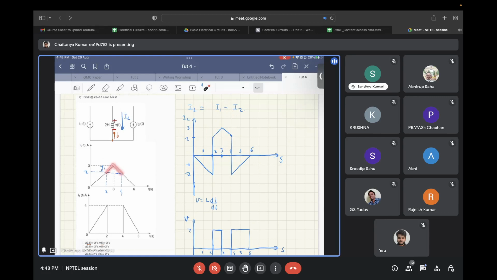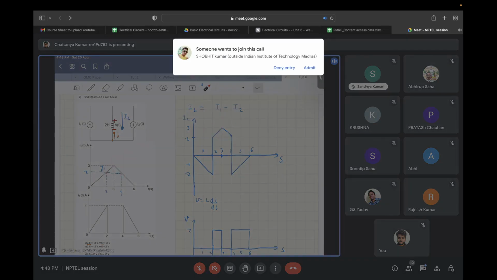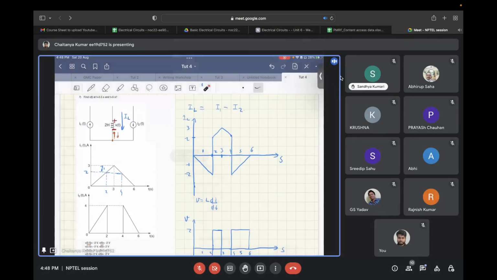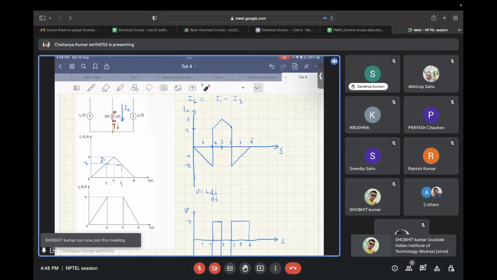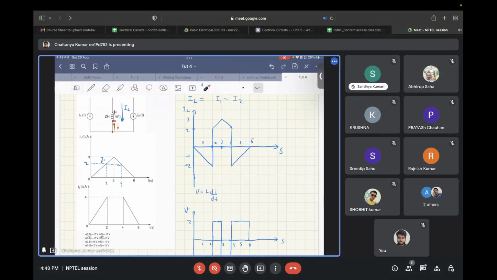This portion of I1 will be copied over in the I_L equation, and after that there is again a sudden positive jump. This time the jump is positive in case of I2.